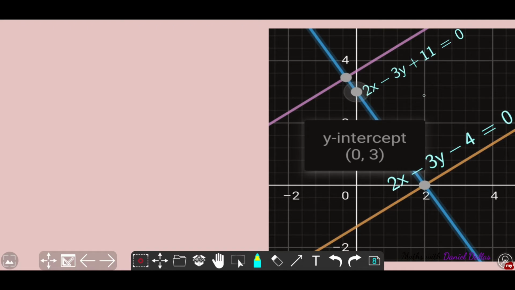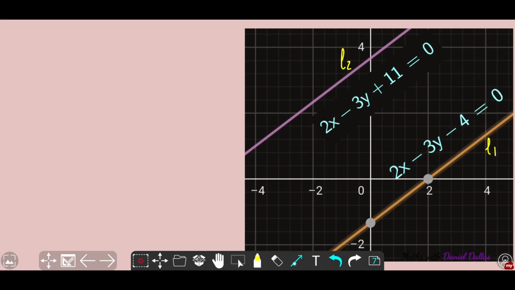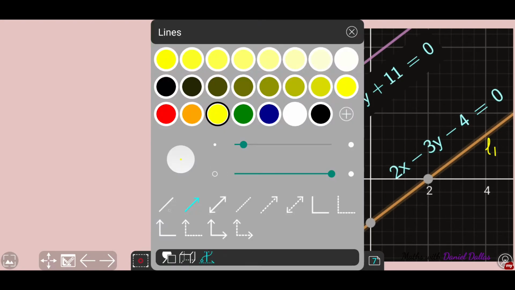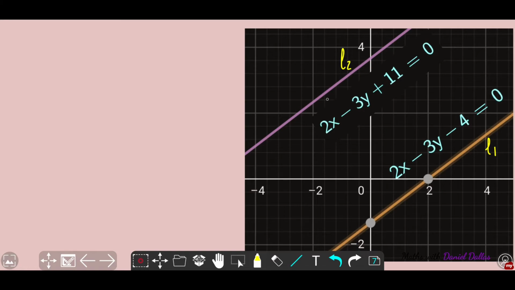Before going there, I would like to say that distance is the perpendicular between those two lines. No matter where you put this perpendicular, for some obvious reason I would start from point 2, and from point 2 I drop the line, which makes a 90 degrees angle with both lines.